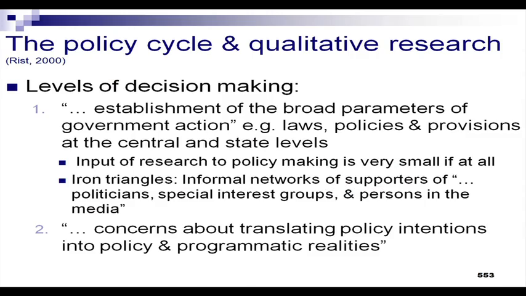The iron triangles: informal networks of supporters of politicians, special interest groups and persons in the media. So why persons in the media? Media is a very powerful tool that takes whatever is decided to the masses.